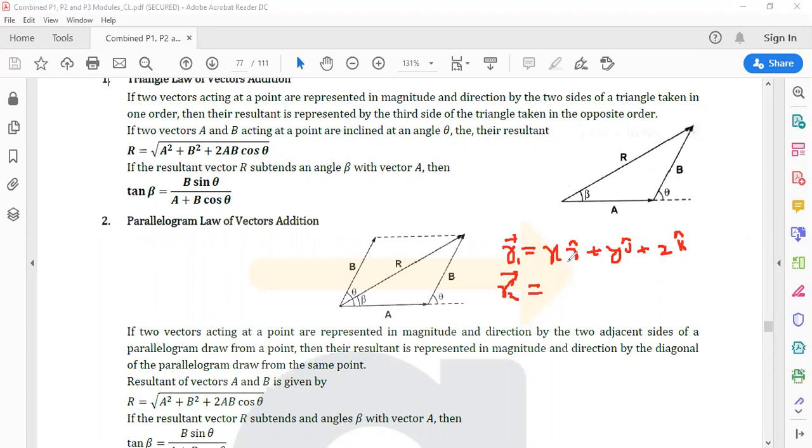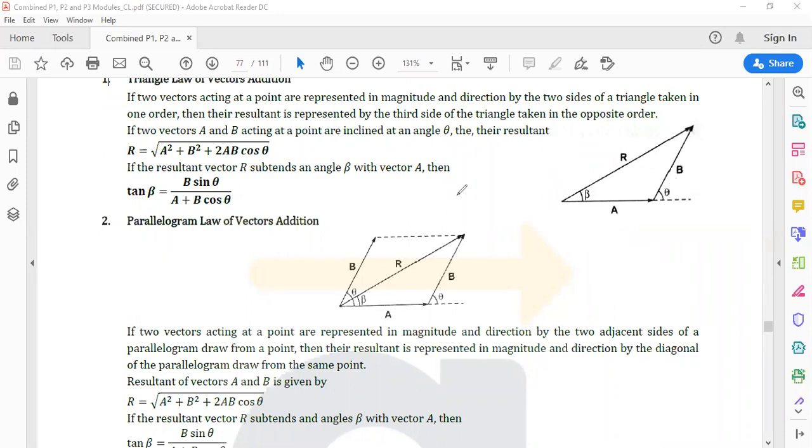But instead of component form, suppose the magnitude of two vectors is given and the angle between them is given. Suppose this is vector a and this is vector b. The magnitude of a is a, the magnitude of b is b, and the angle between them is theta.